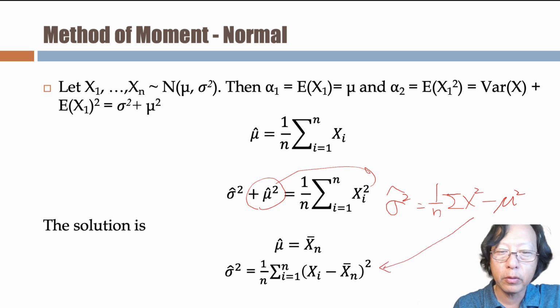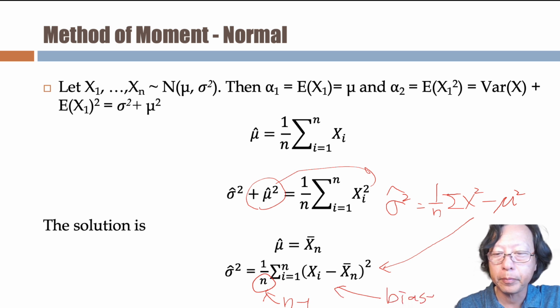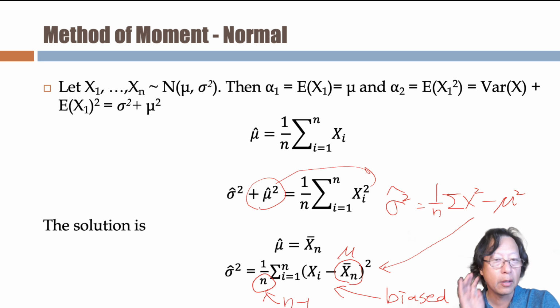As you know, when you calculate the sample standard deviation, instead of n, we usually use n minus 1. This is the unbiased. So this is the biased estimator. The reason is if we use this one as mu, this is not biased.